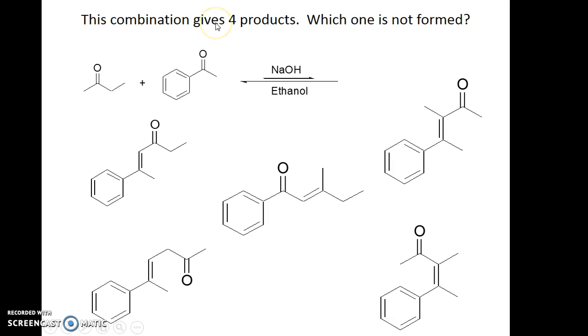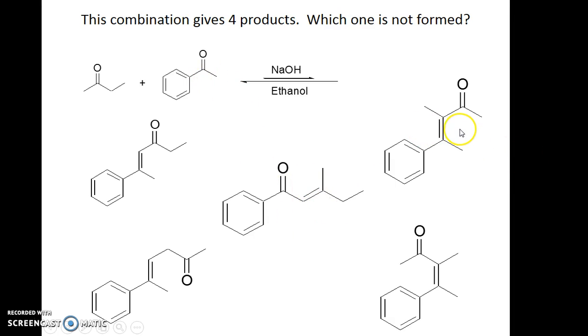You have 4 products made from this mixed aldol condensation. Which one would not be formed? Well, let's go ahead and look at the products and see if we can back them out. If I cut this, that would give this and this as my 2 ones, so that's one of them. If I cut that, that gives me this ketone and this ketone, so yep.